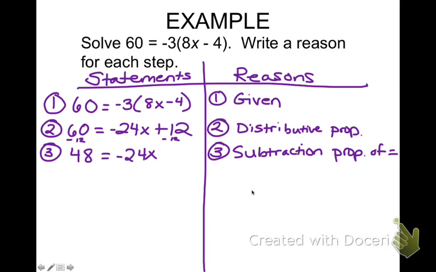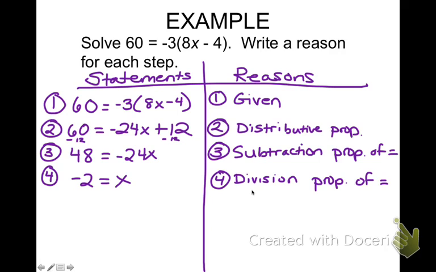And then your last move would be to do what? Divide, so 48 divided by negative 24 is negative 2 is equal to x. Division property of equality. Okay, now pay very close attention.